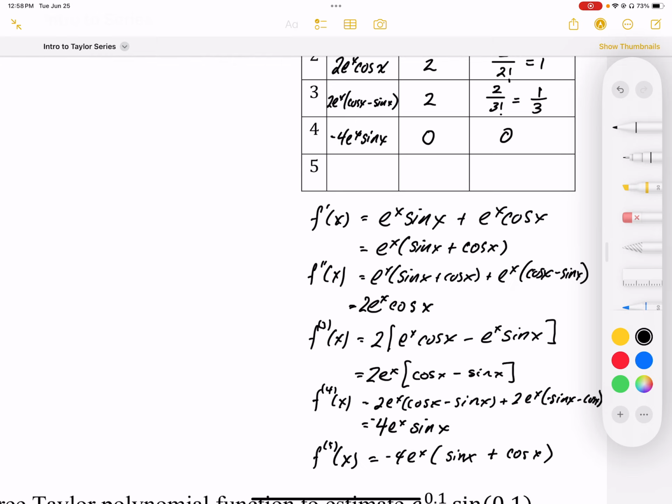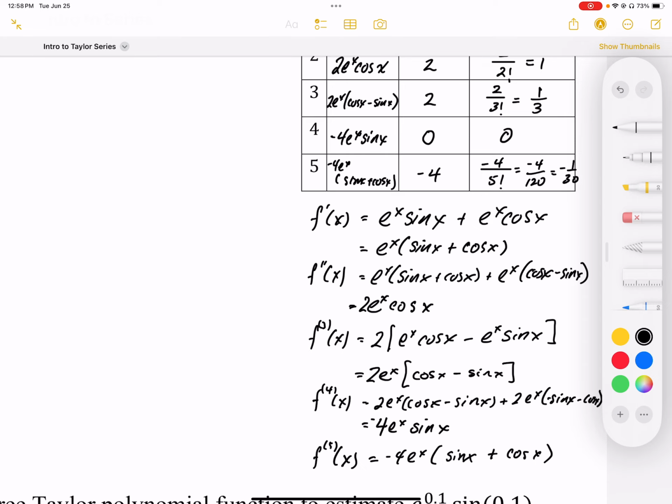So when we evaluate this at 0, cos x is equal to 1, so we're going to end up with a coefficient of negative 4 over 5 factorial. And this works out to be negative 4 over 120. We can simplify that to negative 1 over 30.